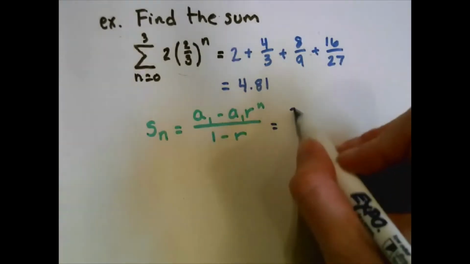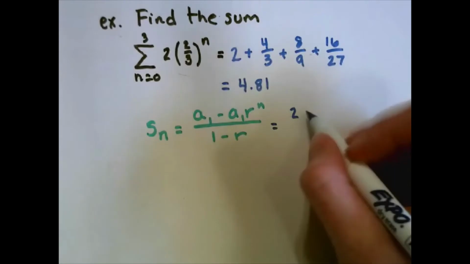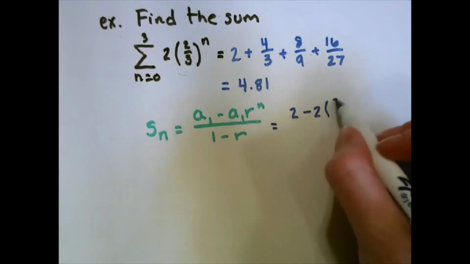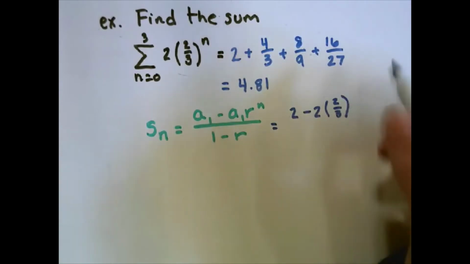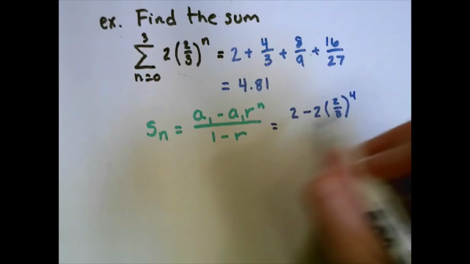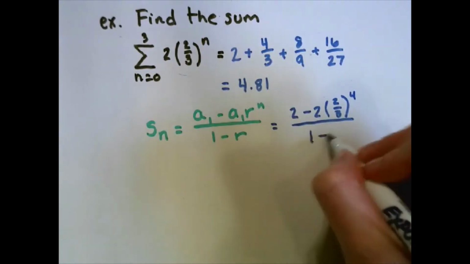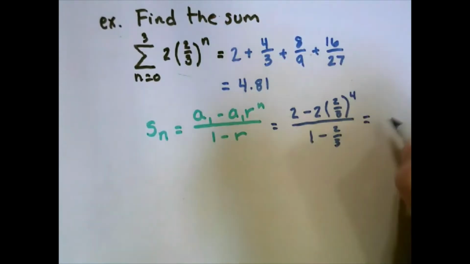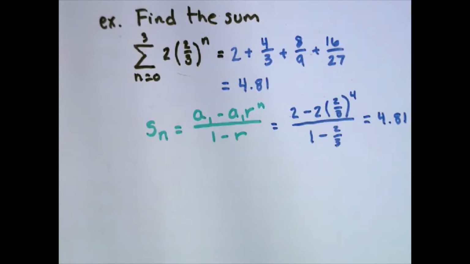My A1 is 2, so we're looking at this series, minus 2. My R, my common ratio, is 2/3. We're going to raise that to the, if I want 4 terms, raise it to the 4th, over 1 minus 2/3. Again, we can plug that into the calculator, and we will get 4.81.